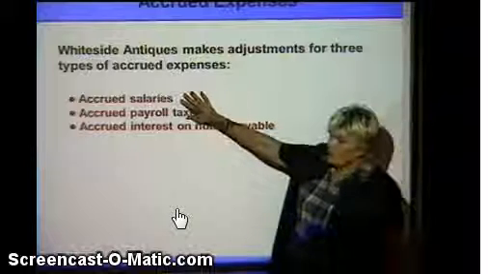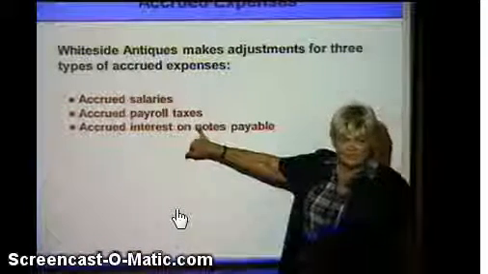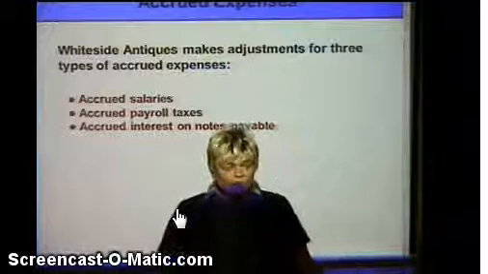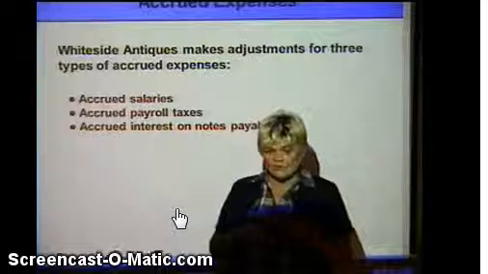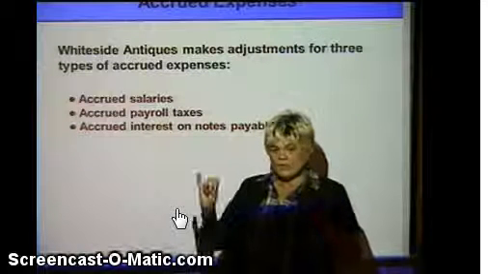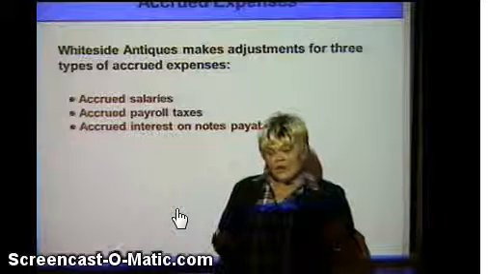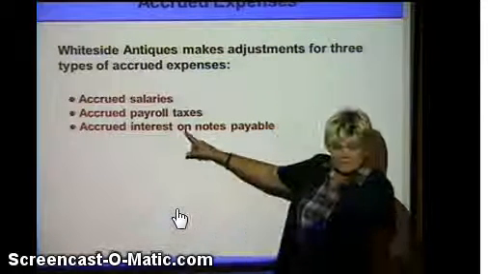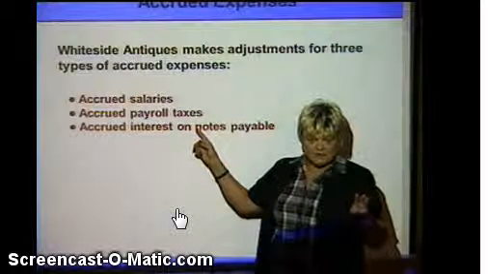Okay, so we're going to go over this a little further, and then also on any notes payable that we have, we owe this note. Let's say we took out the note in October at 9% interest for 6 months, October through March, let's say. So we have actually incurred interest expense on this for the 3 months that it's been in effect.